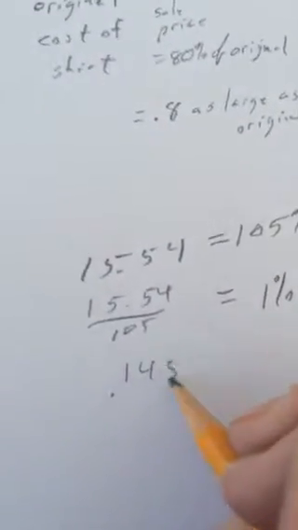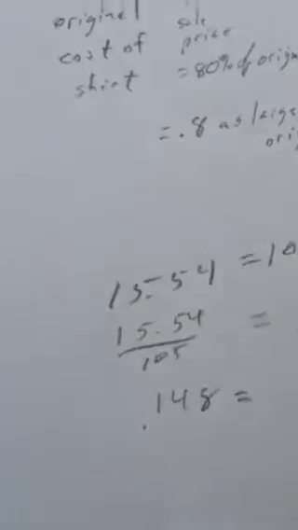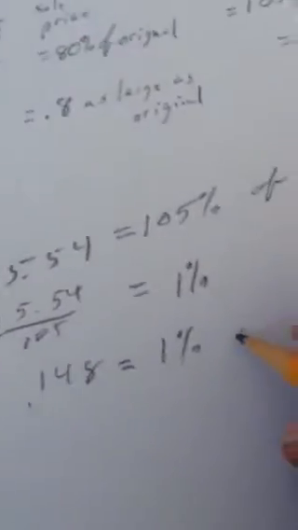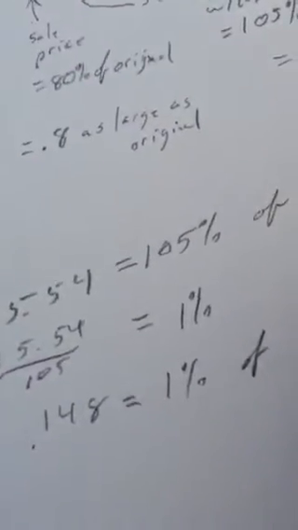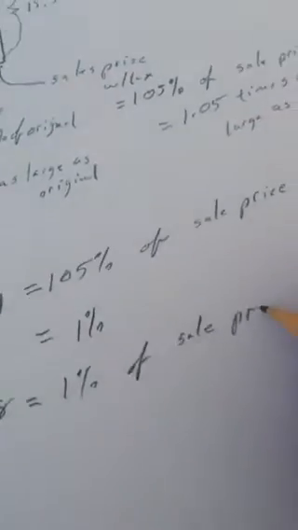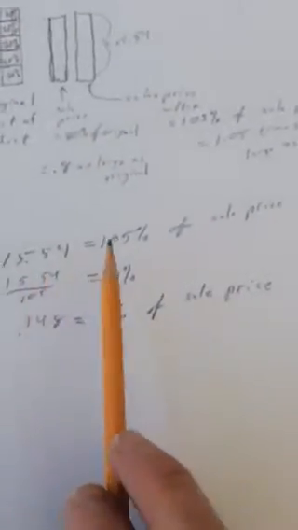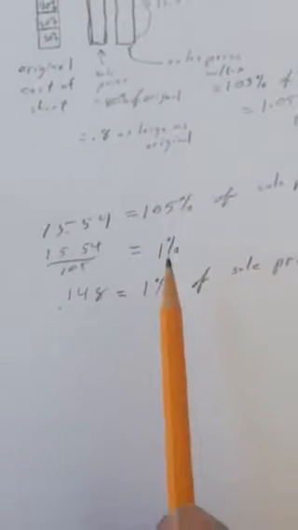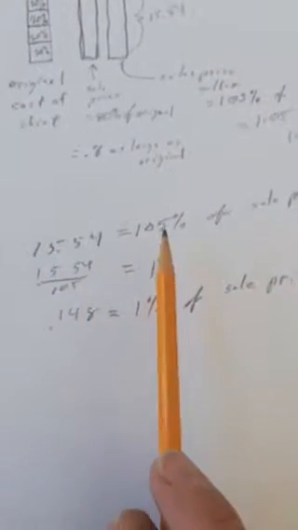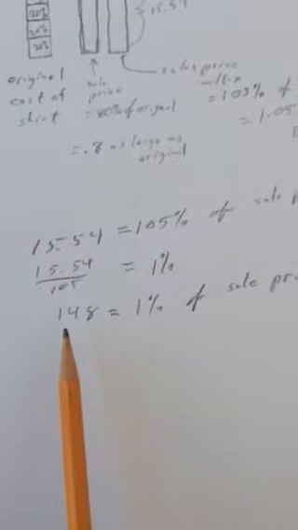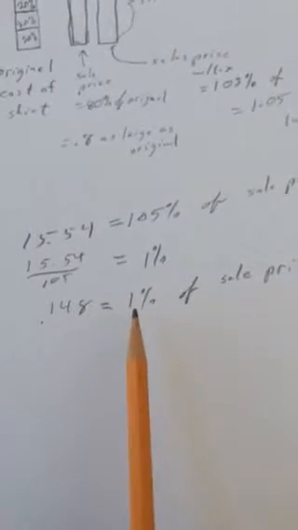And when you do the math on that, you get 0.148 equals 1% of the sale price. Okay, because if $15.54 is 105%, then $0.148 is 1%.